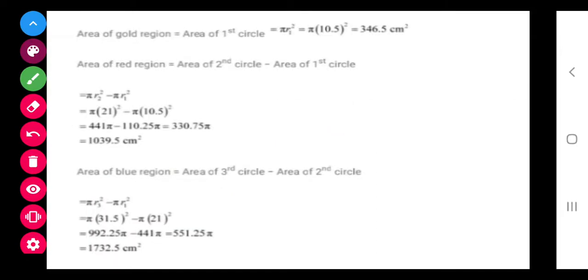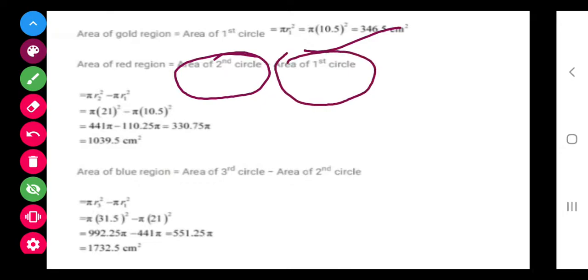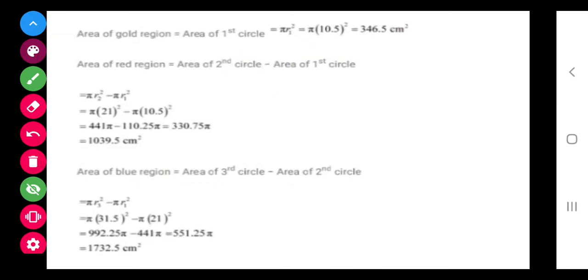So after that, area of the gold part, it is a circle only, so the circle formula is used. Next we have to find the red region. So red region is second circle minus gold part, so that we have solved. After that the third ring, second ring we have to find out.